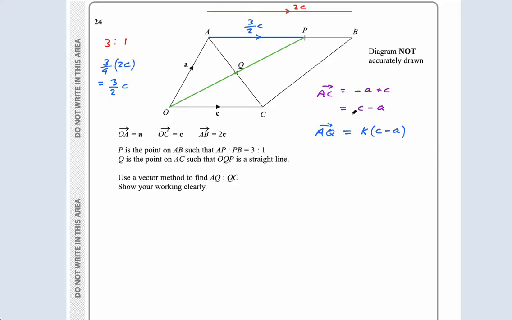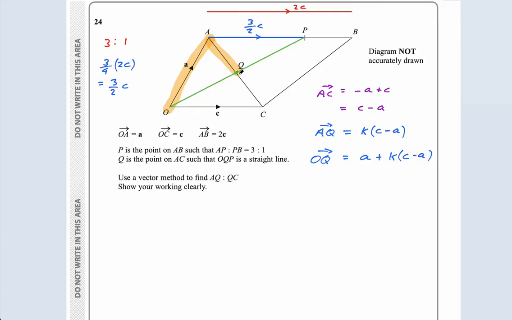So let's find K. And we're going to use the fact that O, Q, and P are on a straight line to find it. So I'm going to do OQ first, and then I'm going to do OP. So OQ is equal to A plus this, K times C minus A, because I'm going up to A and then down to Q. And we know AQ is this.